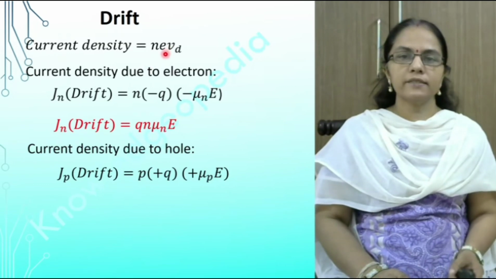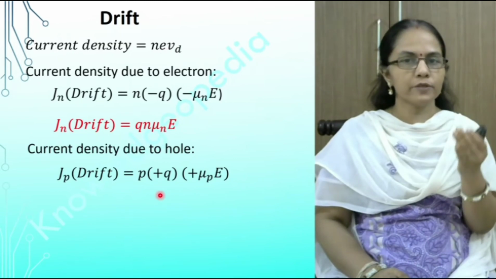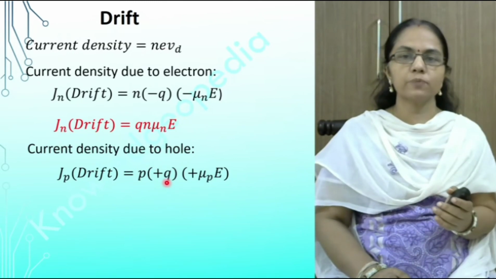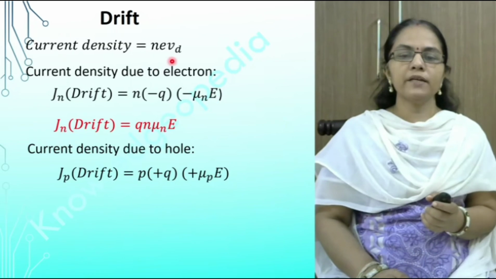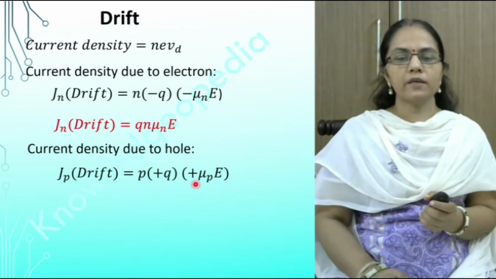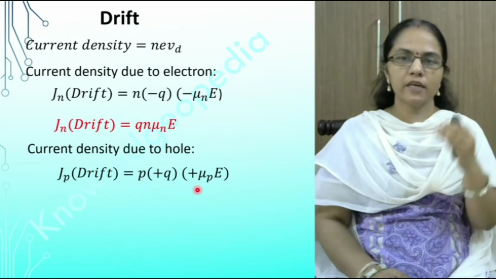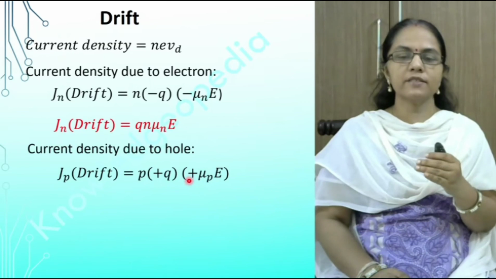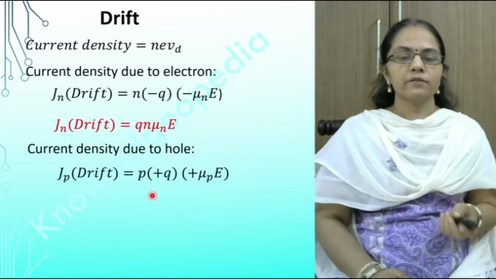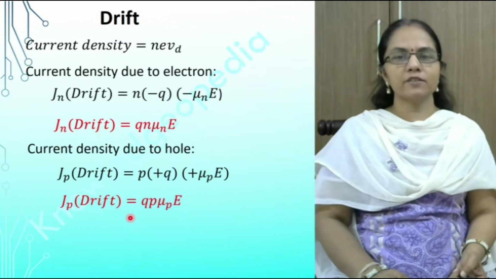E is the charge of a single hole, and holes are positively charged particles, so it is plus Q. And Vd, what we have calculated for hole, is mu P E, and as the holes are moving in the same direction as the electric field, this is plus mu P E. So multiplying this, we will get Jp drift is equal to Q P mu P E.